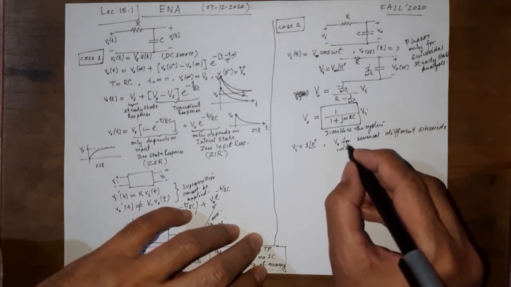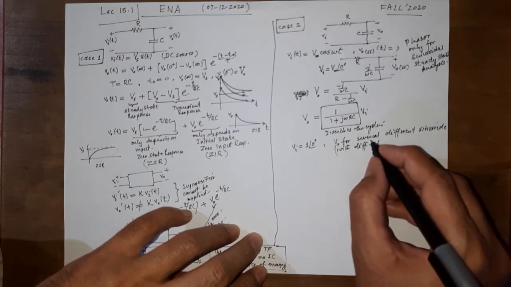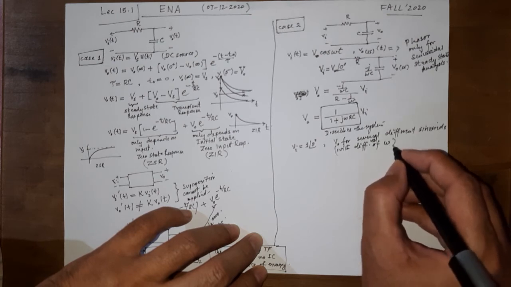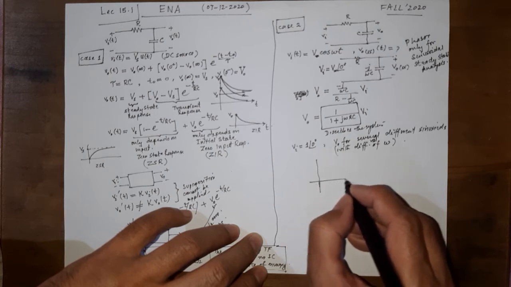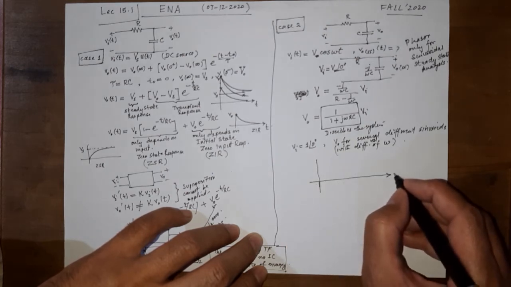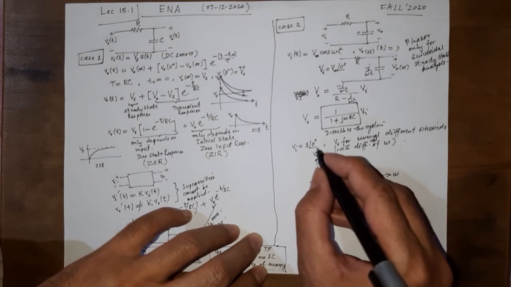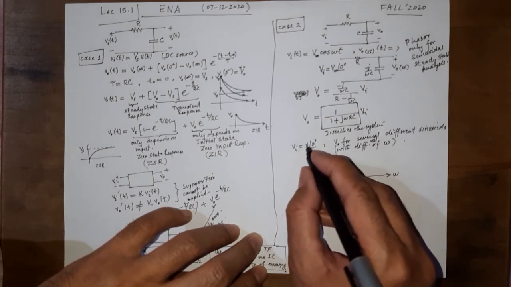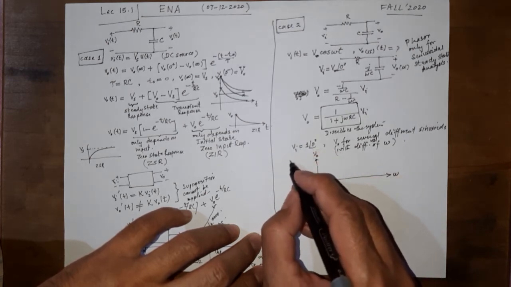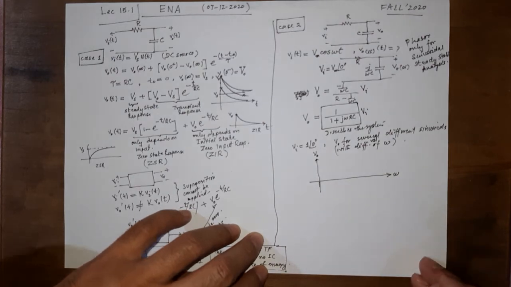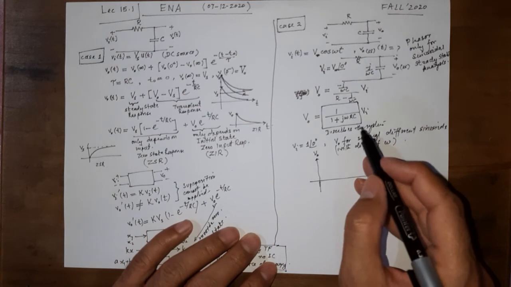That means with different values of omega. What about this graph? Let us say we have this graph to be made. We have omega here and we have V naught, output voltage, here, and the input is fixed as 1 angle 0. So the amplitude of the input sinusoid is 1 volt and minus 1 volt. It oscillates between that. And if this graph is to be made, how are we going to make it?